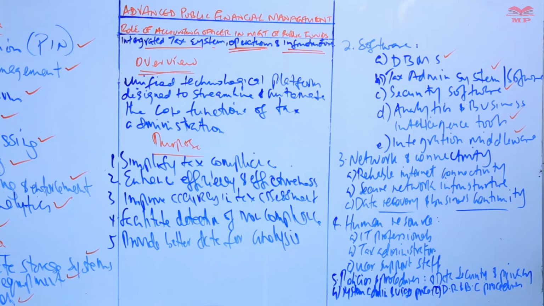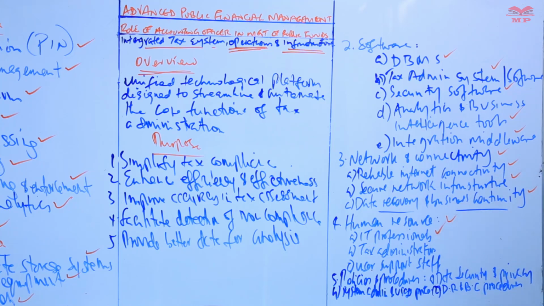The third item is network and connectivity. To have an integrated tax system, you require reliable internet connectivity, secure network infrastructure, data recovery, and business continuity. Then number four, we have the human resource.